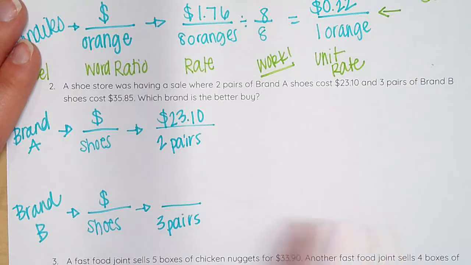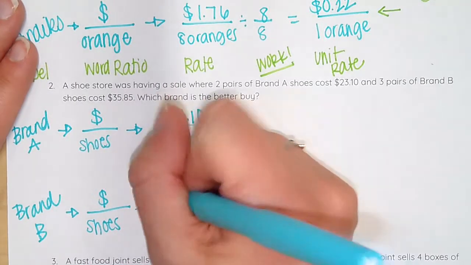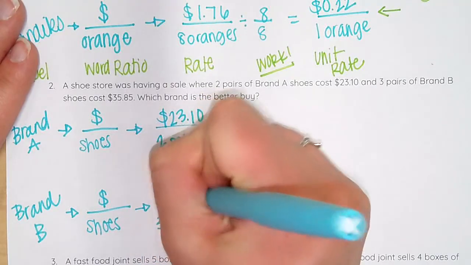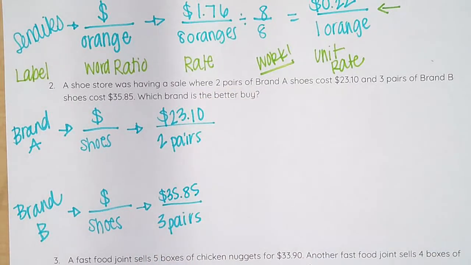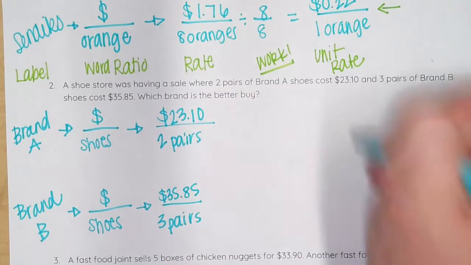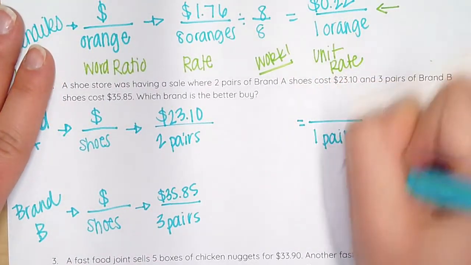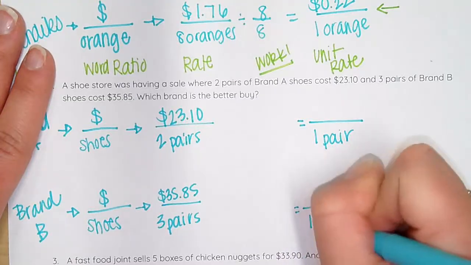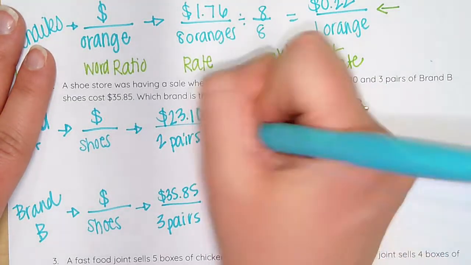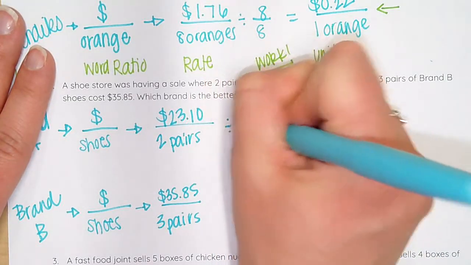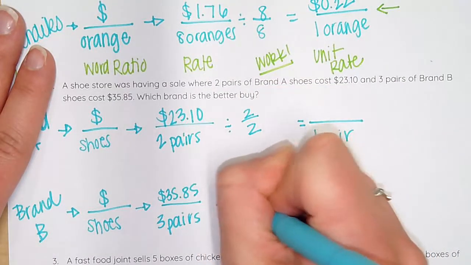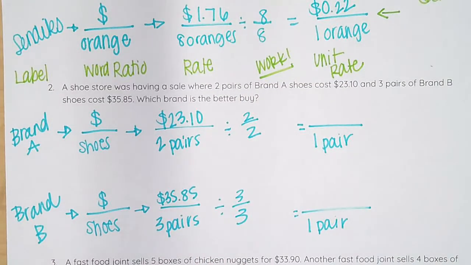And 3 pairs, again, making sure shoes, 3 pairs of shoes, they have to stay together. All of the denominator should be shoes. B costs $35.85. After that, I determine how I'm going to get to 1 pair. Up here, I'm going to divide by 2 over 2. And down here, I'll divide by 3 over 3.